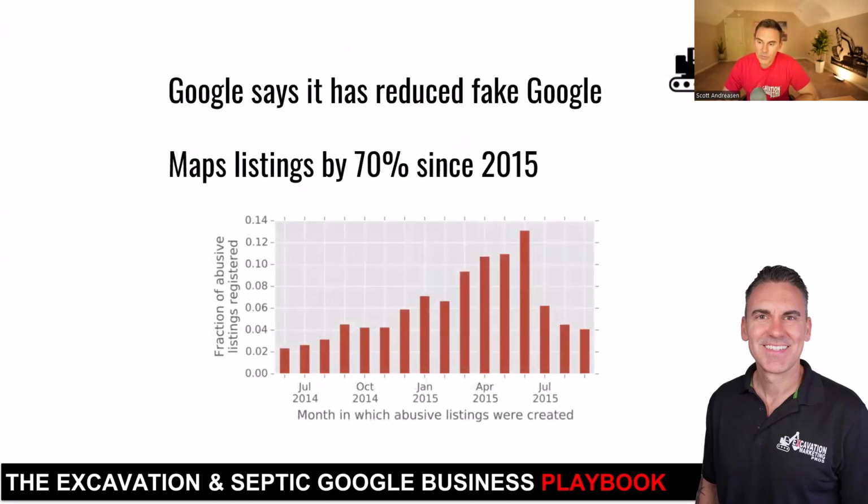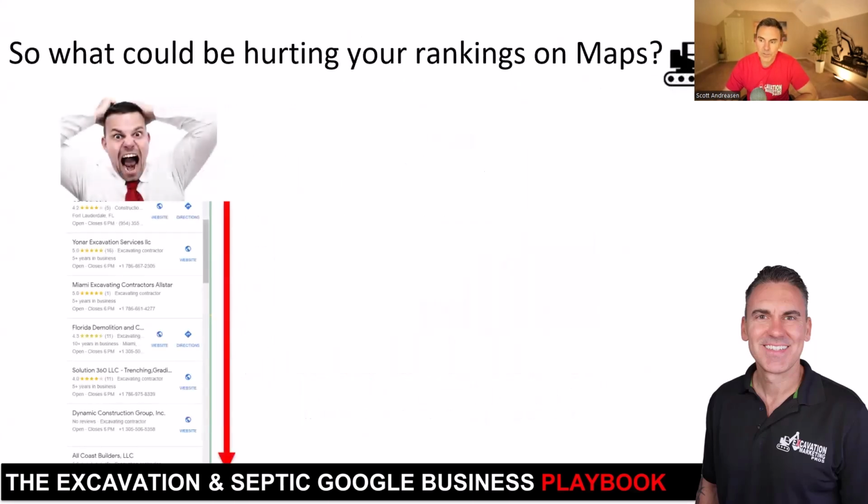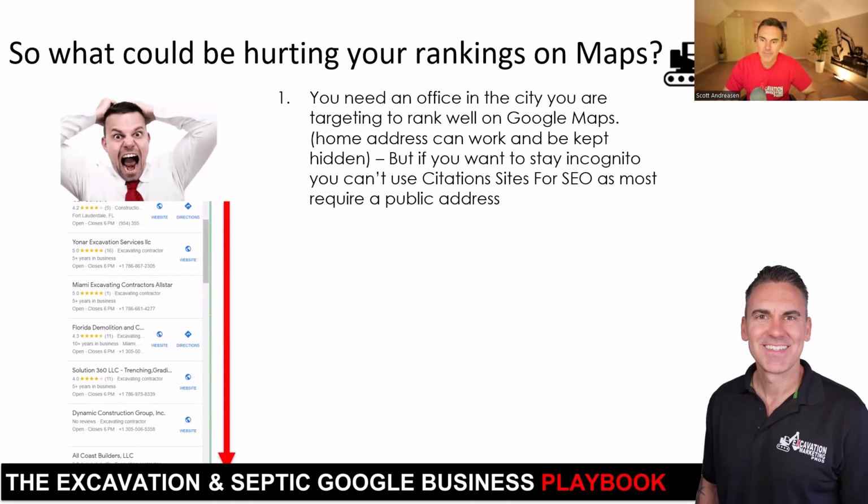Now, Google over the past 10 years has really been cracking down on fake reviews. And they say that they have decreased fake reviews by as much as 70%. So what could be hurting your rankings on the maps? If you're not ranking in your own backyard or around your service area, what would cause that?